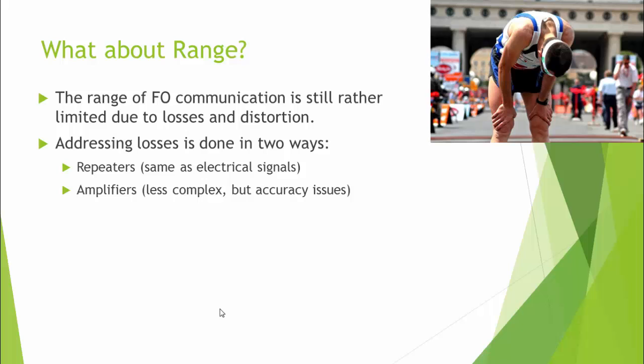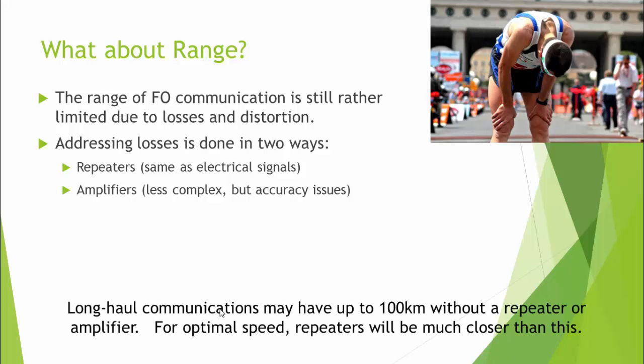So we fix these losses in one of two ways. We can have repeaters that work almost exactly the same way as in electrical signals. And we can have amplifiers, because the signal's not as noisy. We can use amplifiers that are simpler, but can have accuracy issues.